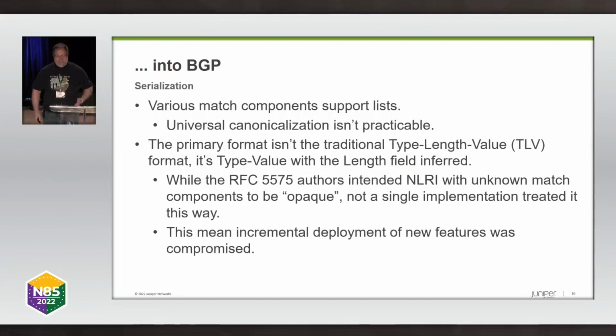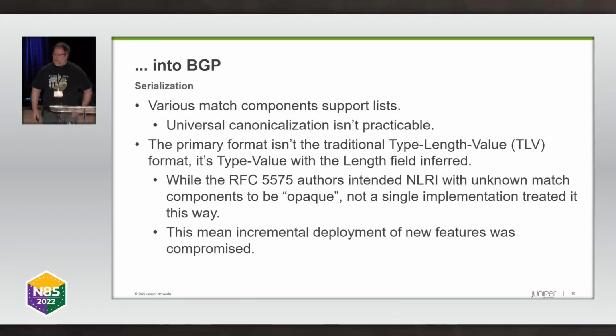Serialization is challenging. You look at any number of mechanisms for doing this sort of thing, you'll find different ways to do it. Flowspec doesn't have universal canonicalization for things. If you're putting in a list of things, there's not always a single way to do it. This makes interop a little bit challenging.